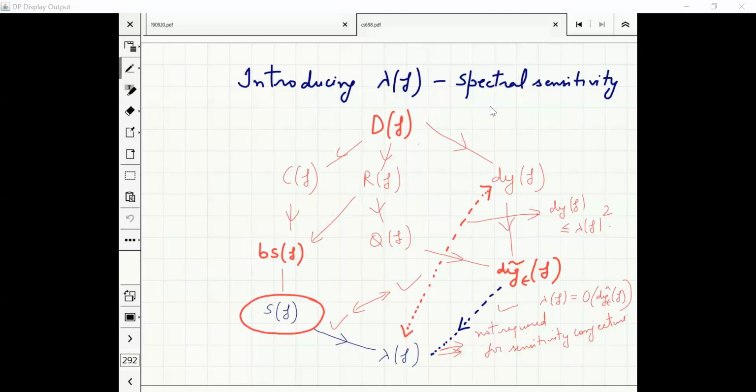The first thing, if I want to prove degree of f less than lambda f squared, is to understand what lambda f is. I have told you that by introducing lambda f we accomplished a lot of things. But what is lambda f? What is its definition? For introducing lambda f, I have to talk about the sensitivity graph of a function.